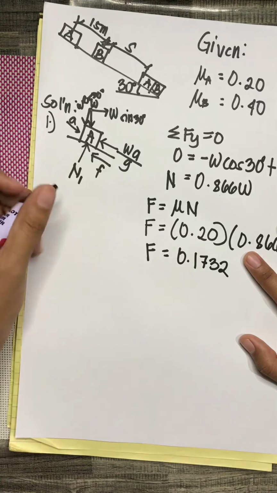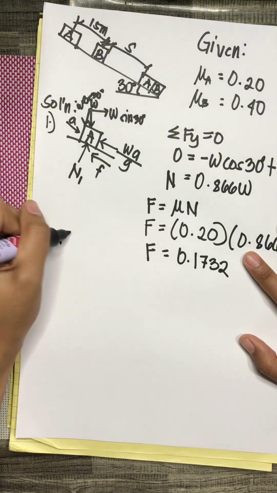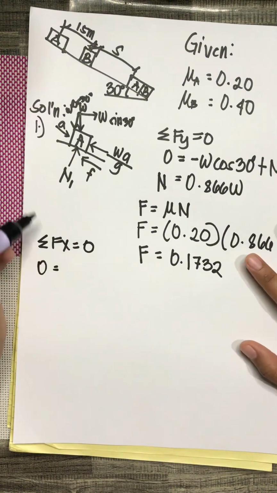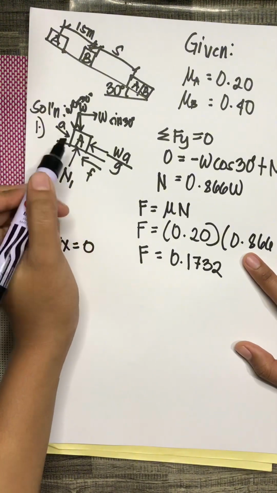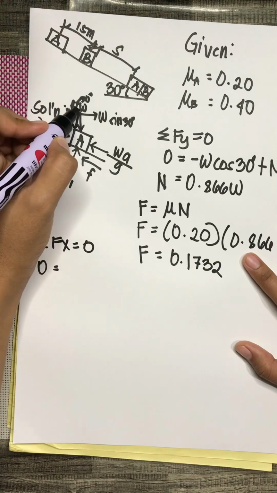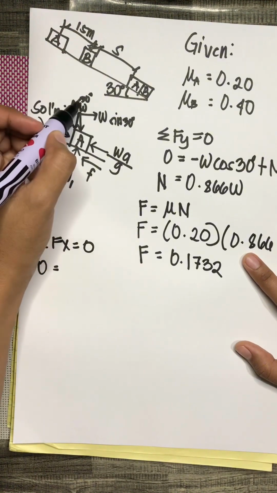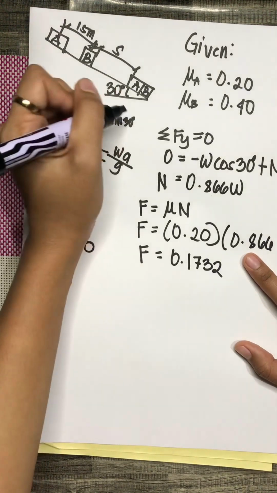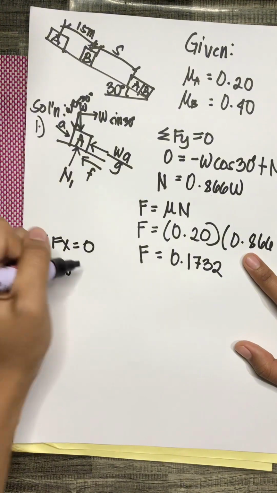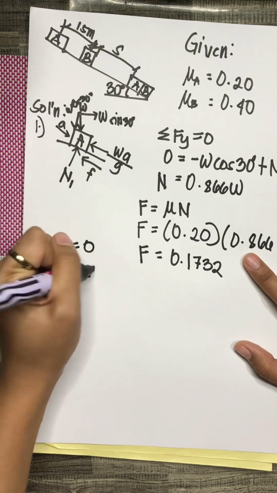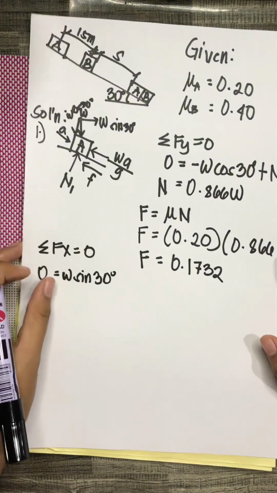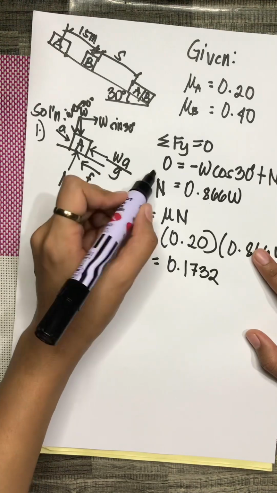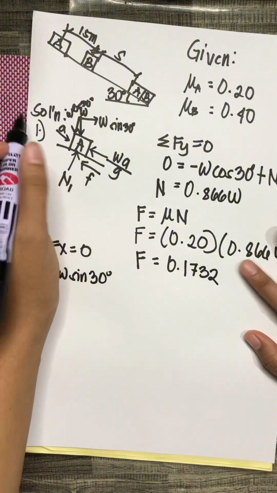Then next, to find the acceleration of block A, we need to sum all of the horizontal forces. So summation of Fx equals 0. 0 equals, so the horizontal component of the weight is going to the right, so it's positive W sine 30 degrees. Then the inertia force W times acceleration over gravity, which is 9.81, is going to the left, so it is negative.